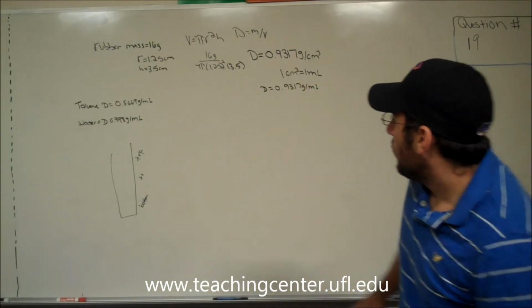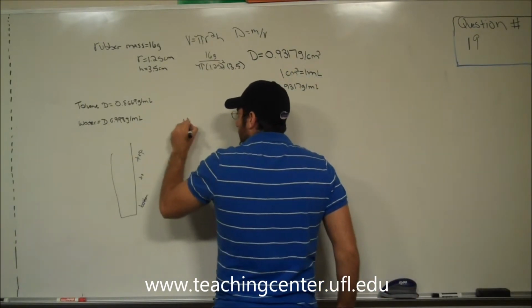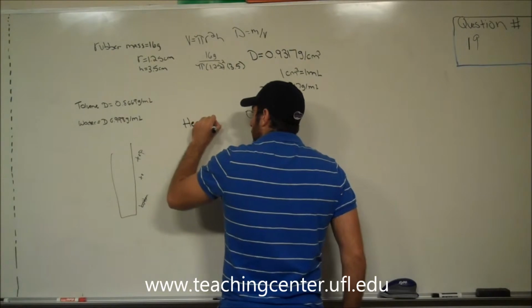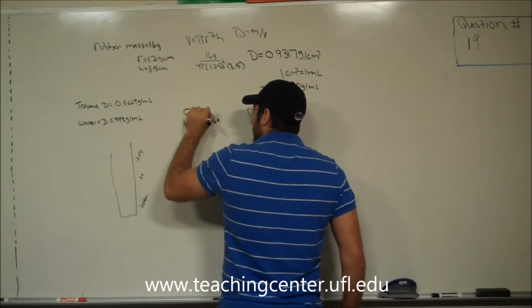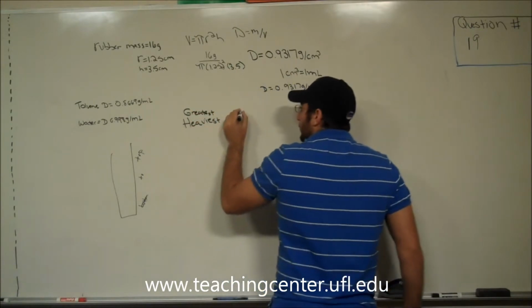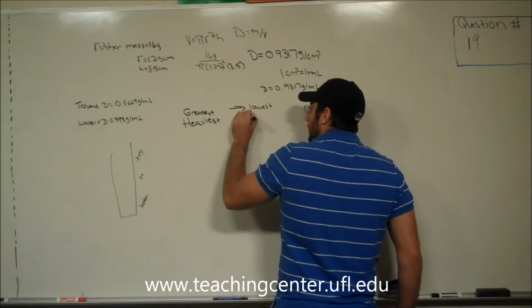So let's go ahead and put these in order. We can see that water is 0.998. So from heaviest density, or greatest density, to lowest, or the lightest.